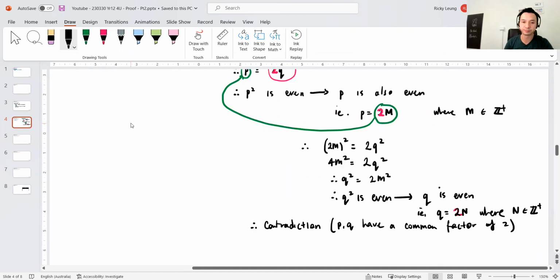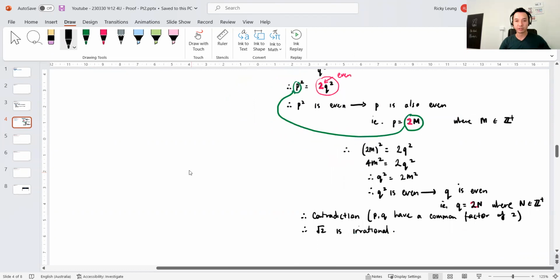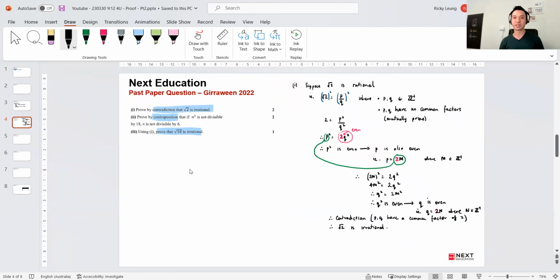Therefore, root 2 is irrational. Admittedly, that is only 2 marks, and it feels like a lot of steps, but it's so predictable. It's copy and paste, so nothing too wow about that.